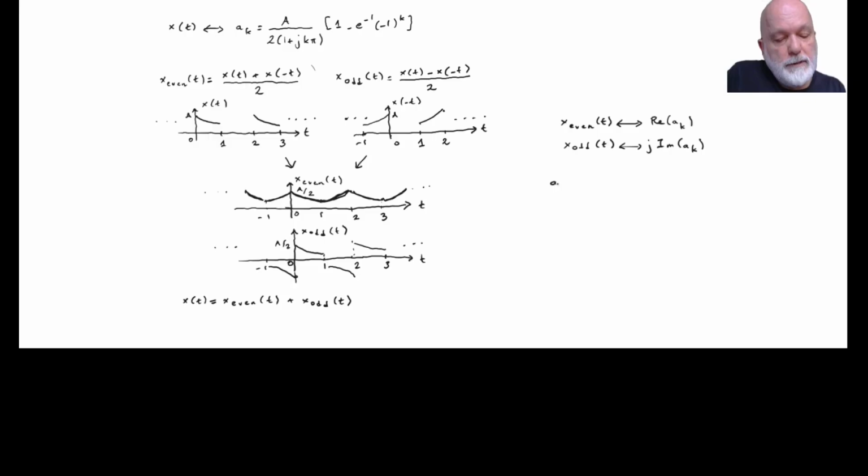So a_k will become a over 2. Then we have 1 minus j k pi divided by 1 plus j k pi multiplied by 1 minus j k pi, which is 1 plus k pi squared. And then we have 1 minus e to the minus 1 to the power k.